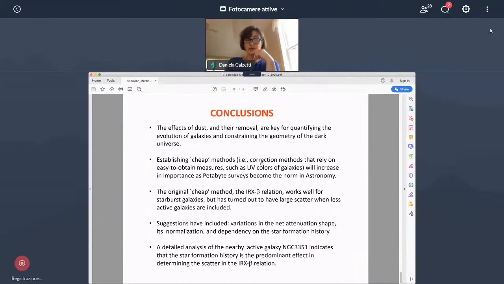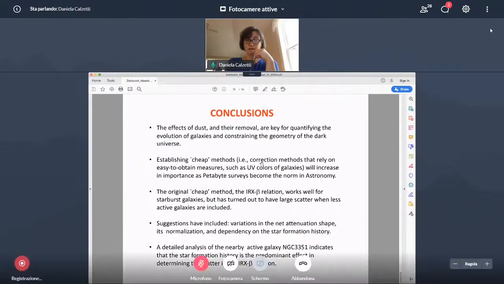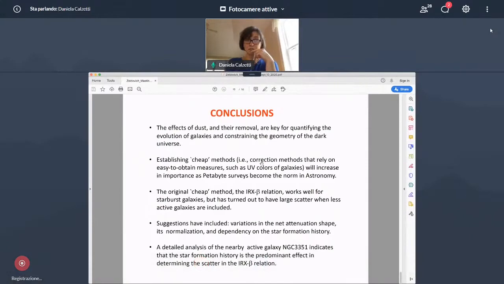Suggestions that have been explored are variations in the attenuation shape, its normalization, and dependency on the star formation history. We have proven, through a careful analysis of one active galaxy in the near universe, that it is actually star formation history that has the lion's share in determining the location of a galaxy in the IRX-beta relation. Thank you.